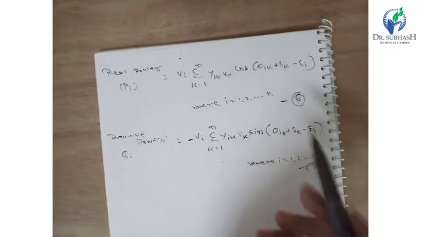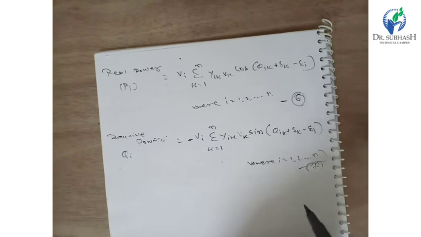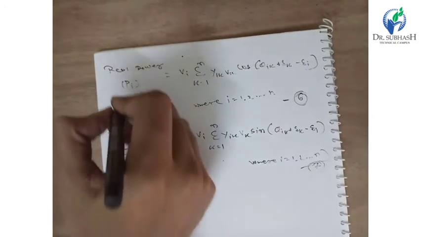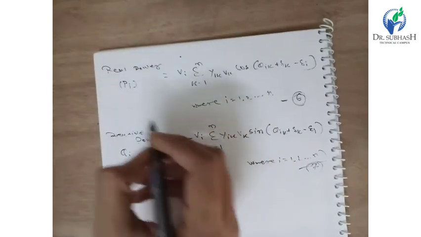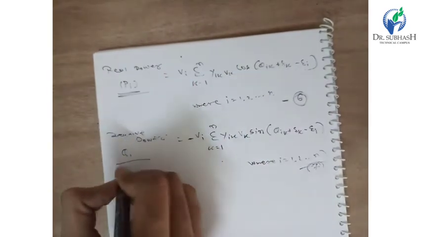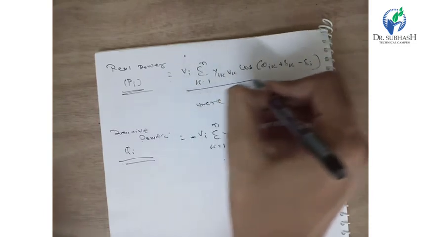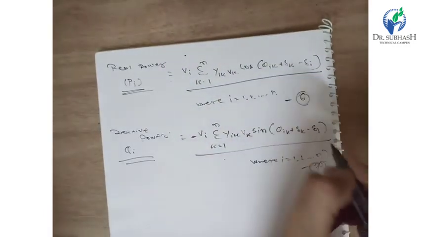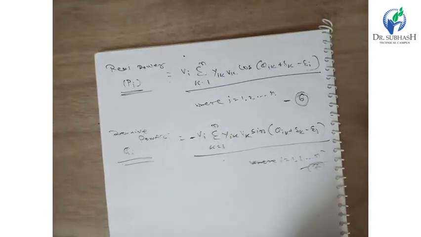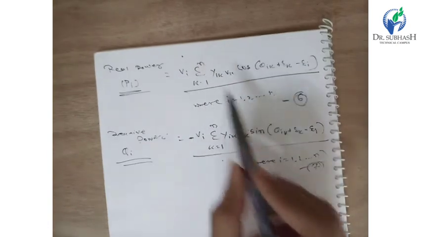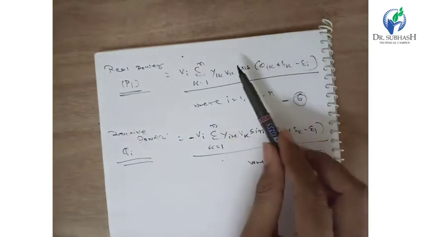Equation number 6 and equation number 7 are said to be the static load flow equations. Both are static load flow equations. So the static load flow equations depend on real and reactive power. Real power and reactive power both also depend on angle.